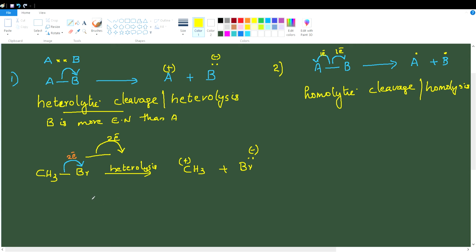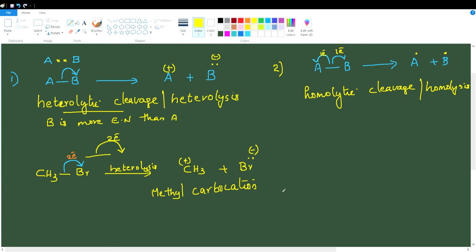So heterolytic cleavage of CH3Br results in the formation of a positive carbon species and a negative bromine species. This is the bromide ion, and this positive carbon species is called a carbocation. It is a methyl group with a positive carbon atom, hence it is called a methyl carbocation.